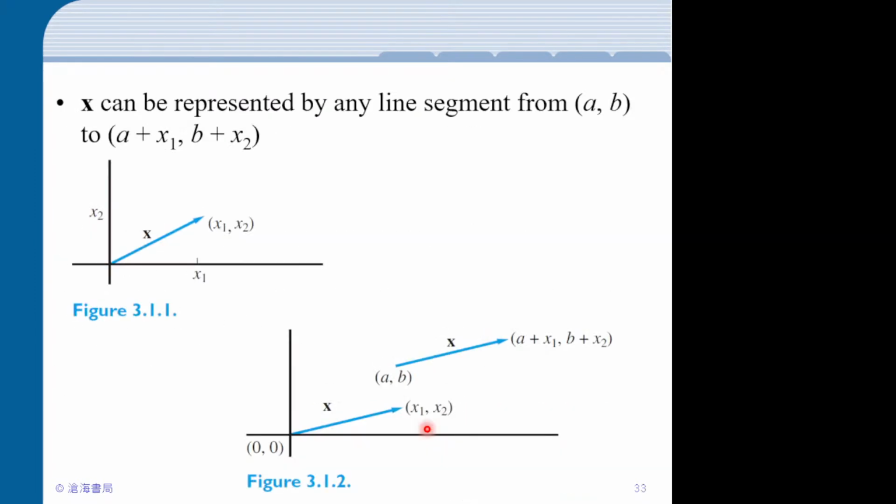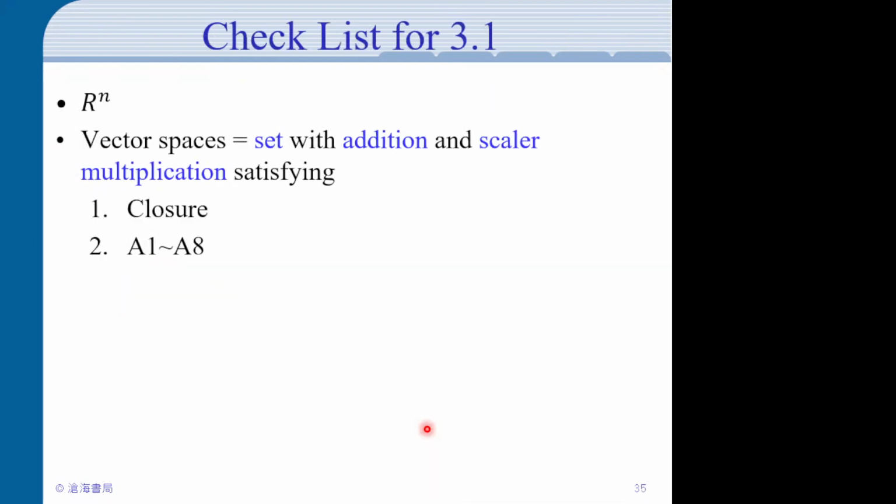But besides Rn we can define very weird vector spaces, and we have seen some of them in homework. So we have this very abstract definition of a vector space: whatever set of elements with two operations. Addition: you take two vectors and get another vector.